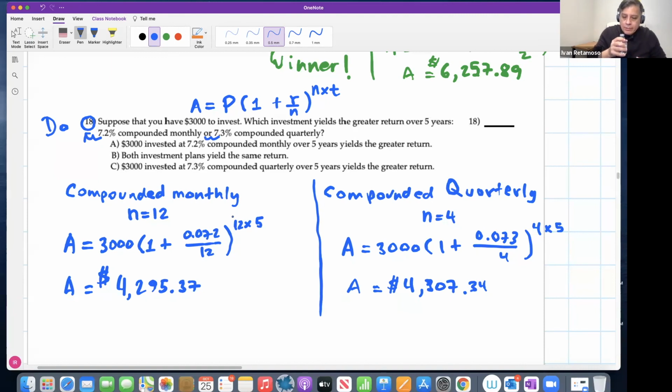Which one returns more money after 5 years? Okay, guys, since we are running out of time, comparing the accumulated values, clearly the second investment is better, right? Slightly better. 4,307.34 compared to 4,295, right? So this one is the winner.